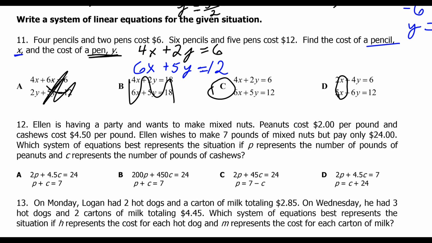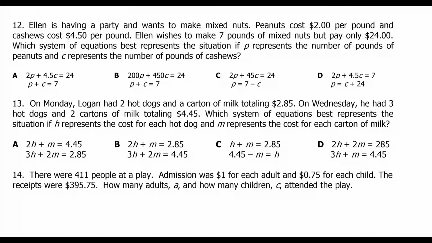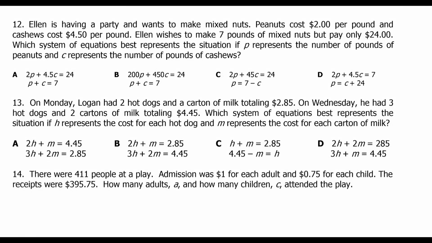Alright, now, Ellen is having a party and wants to make mixed nuts. Peanuts cost $2 per pound, and cashews cost $4.50 per pound. Okay, so we know that we're looking for 2P and 4.50C.